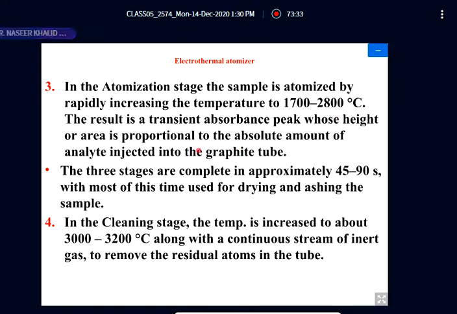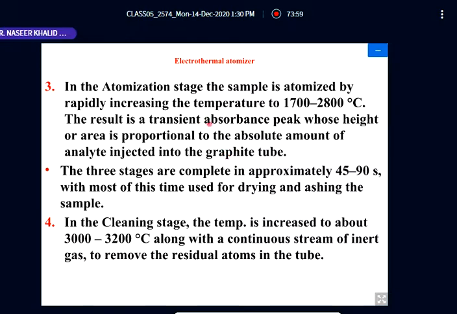The result is a transient absorption. It means that this is seconds, and we are getting a signal here. And this is the absorption signal, whose height, or area under the curve, is directly proportional to the concentration of the analyte which is being injected into this graphite.